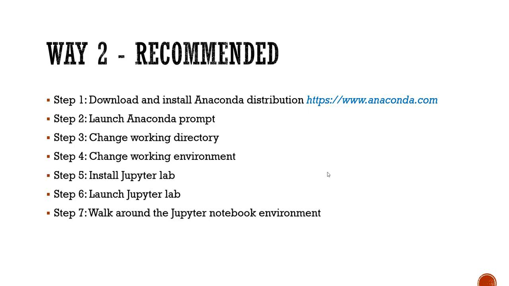That is the simplest way. And the recommended way is where you also change the working directory. Step number 4, you create a new working environment, then you activate the working environment, and then you install Jupyter Lab, and then you launch Jupyter Lab.